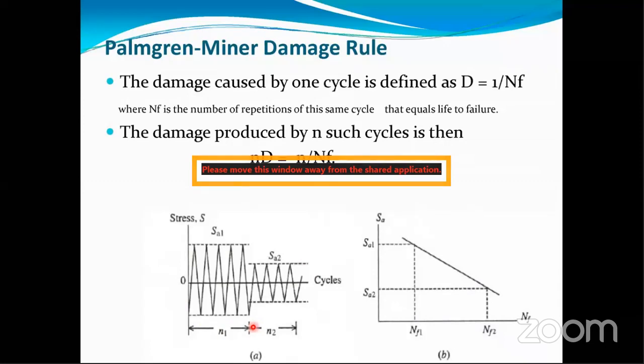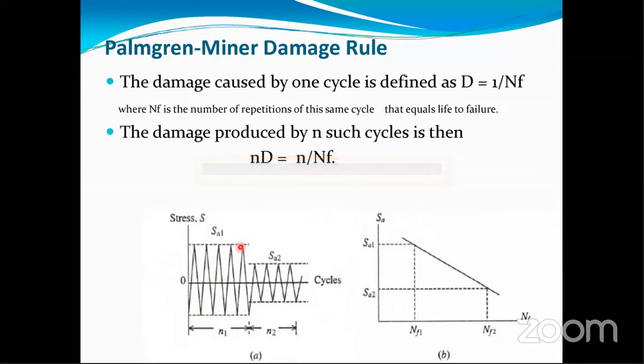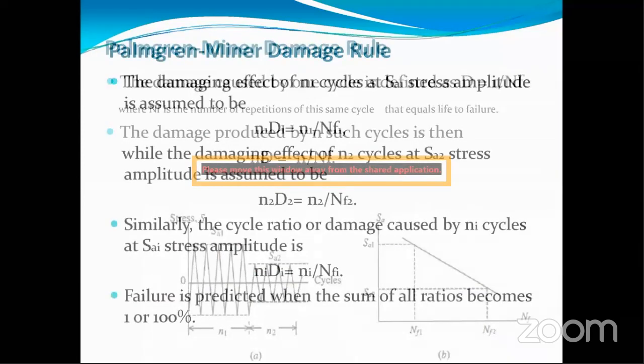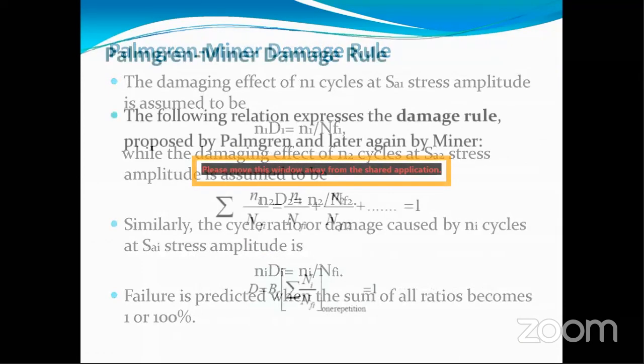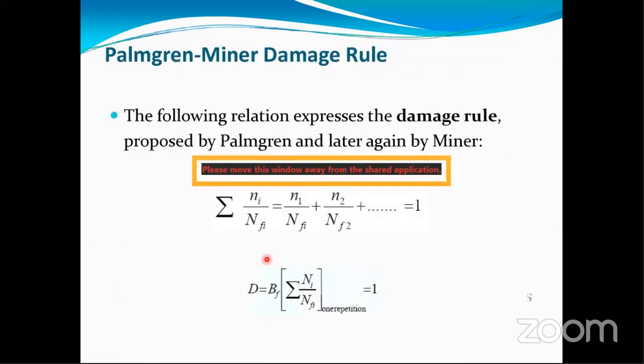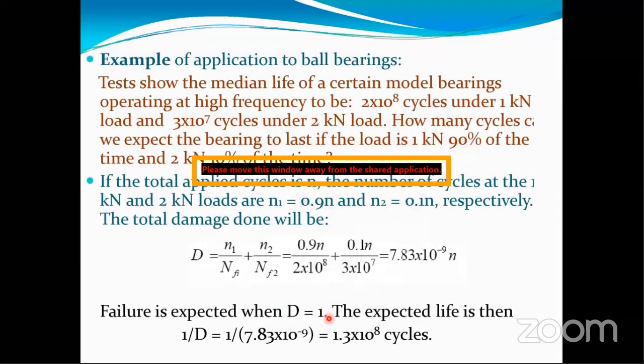We'll say the component fails for so many repetitions of this block. We cannot demarcate between failure because of the first stress amplitude or the second. We have to consider this as a total block, and total damage will be because of this block. So this damage gives the number of repetitions of that block for failure of the total component.